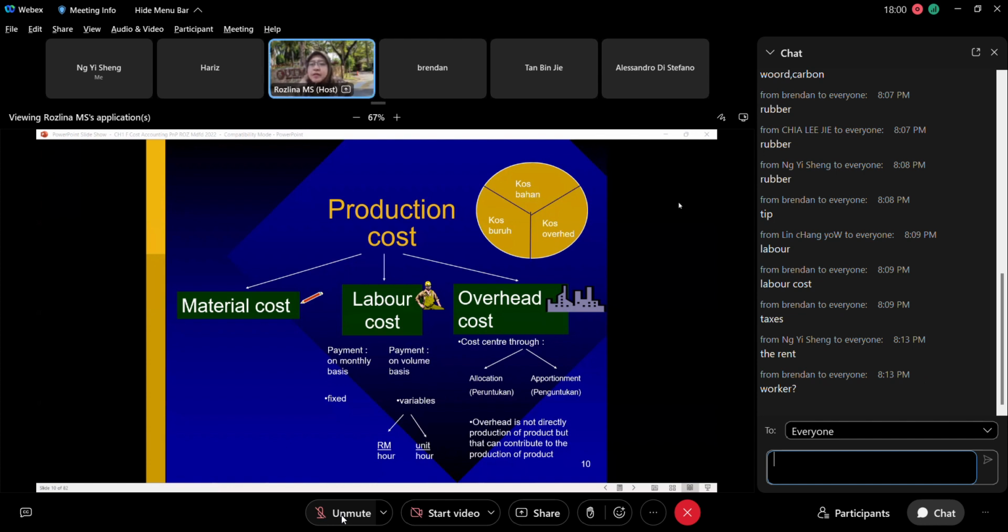Yes, Lokman. Salary worker, Doctor. Who is the salary worker? Labor. What type of labor? Not specific enough. What type? Do you get paid based on this? If you work, do you get the payment based on RM per hour or unit per hour?